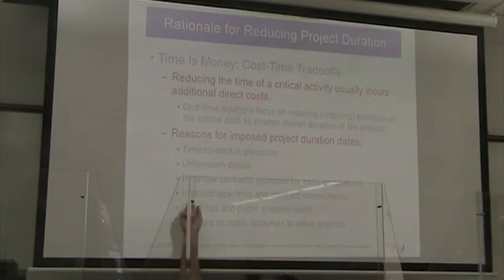Again, we might have an imposed deadline where we have a contract commitment. They just need to shorten the time period for some other reason. We might have a problem because the overhead is really killing us on this project in a way that we hadn't anticipated. Or it could be public goodwill cost.